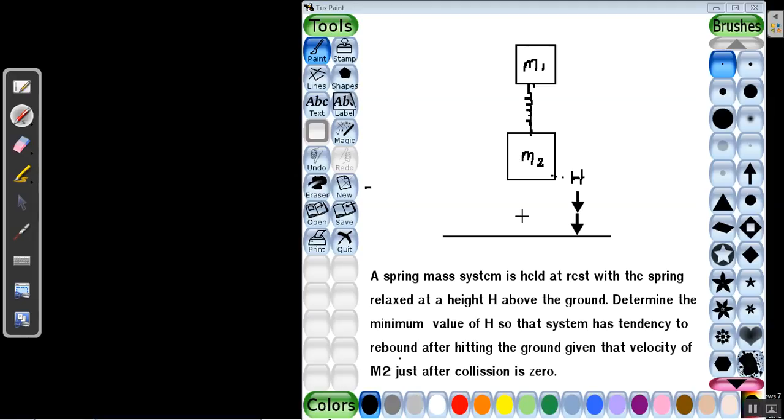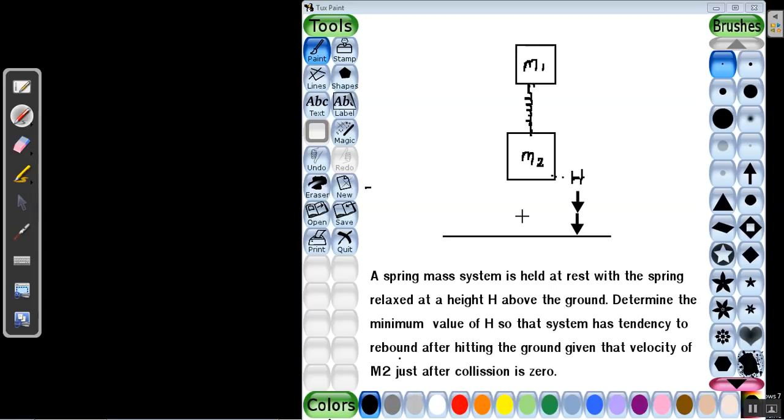We have to find the minimum value of h above the ground so that this system rebounds once again.